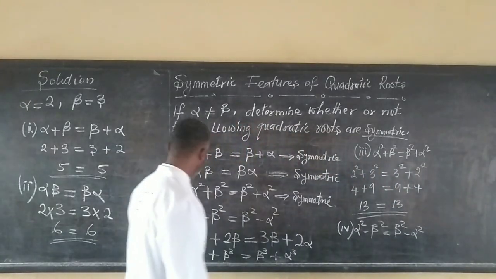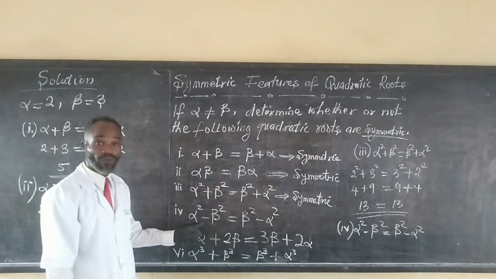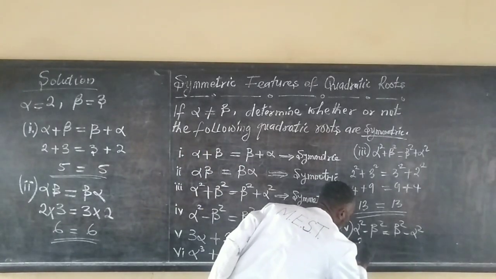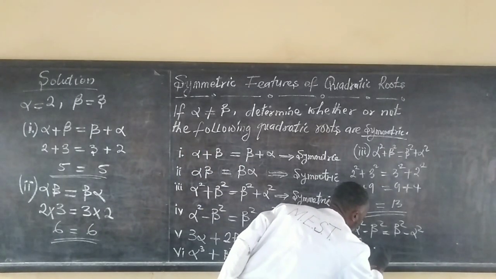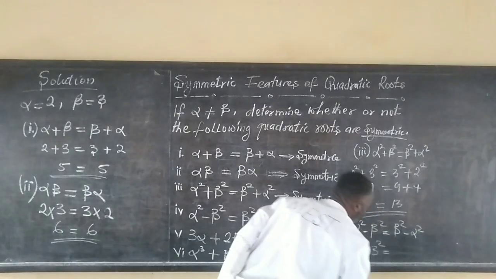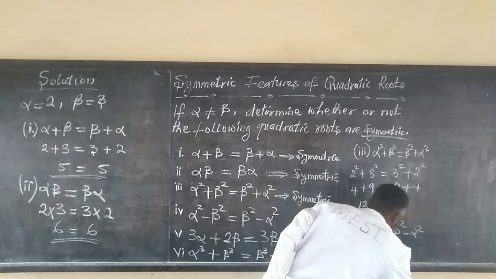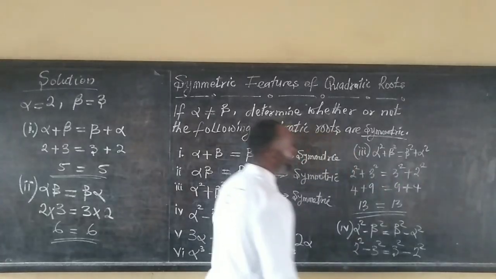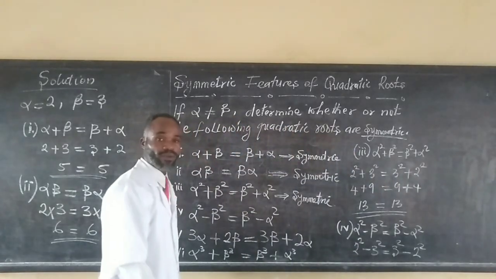So without wasting time, alpha squared is 2 squared, and beta squared is 3 squared, minus beta squared, which is 3 squared again, alpha is 2 squared. Let's see what happens.